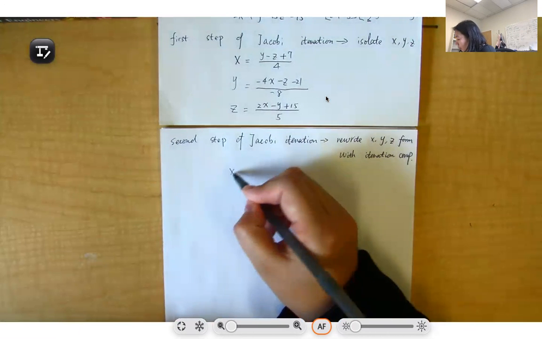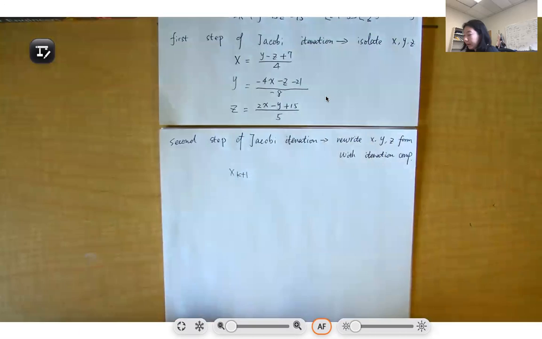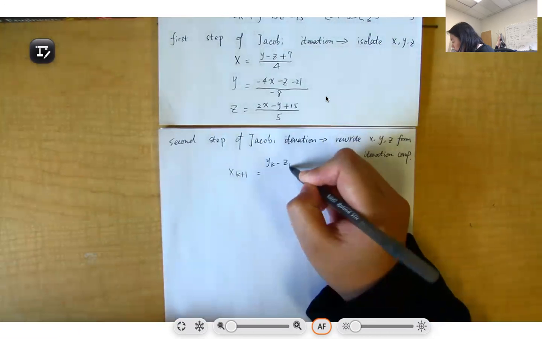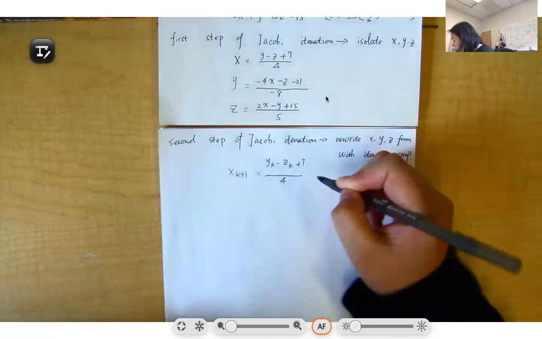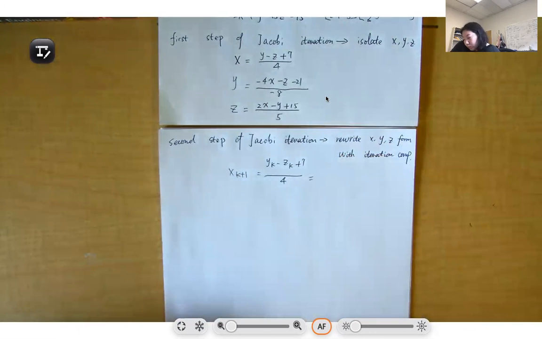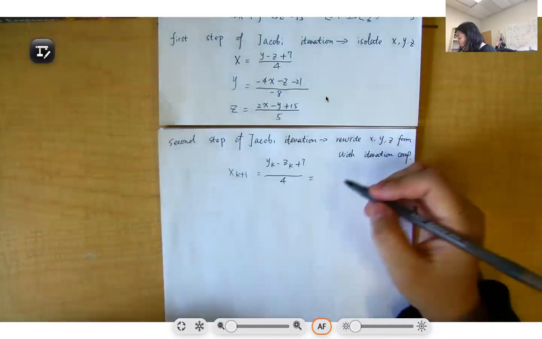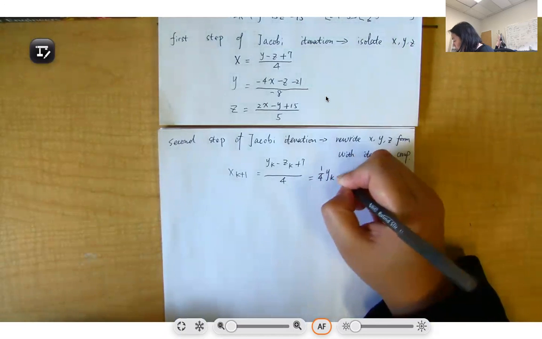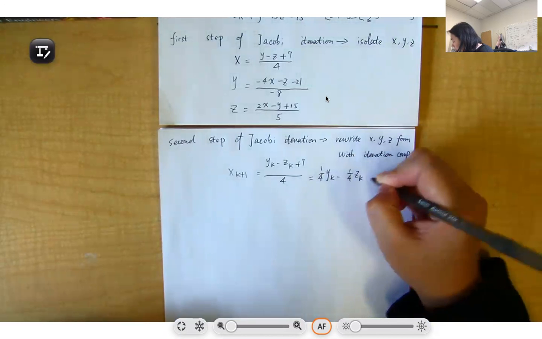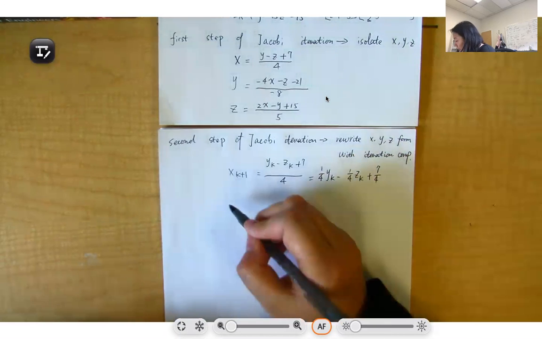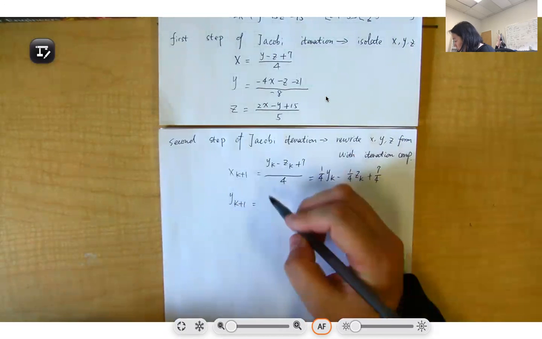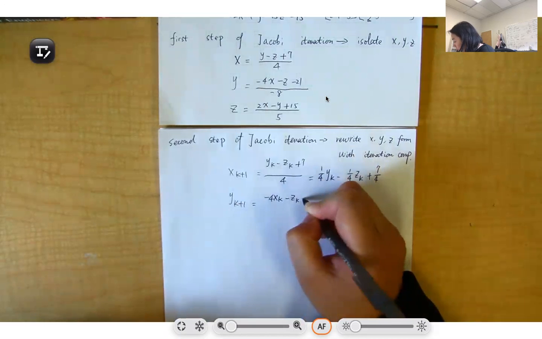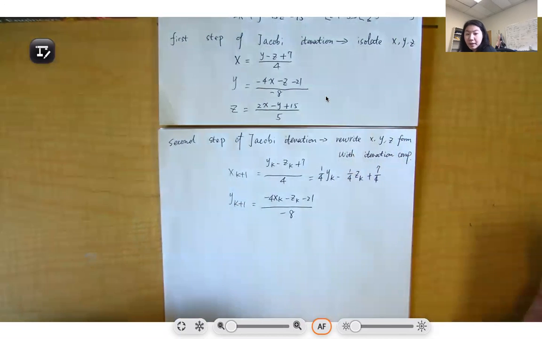So x k plus 1, meaning the next iteration, will be equal to the current iteration yk minus zk plus 7 divided by 4. And we can also write it in simplified form, which is 1 over 4 yk minus 1 over 4 zk plus 7 over 4. Then yk plus 1 equals minus 4xk minus zk minus 21 divided by minus 8.